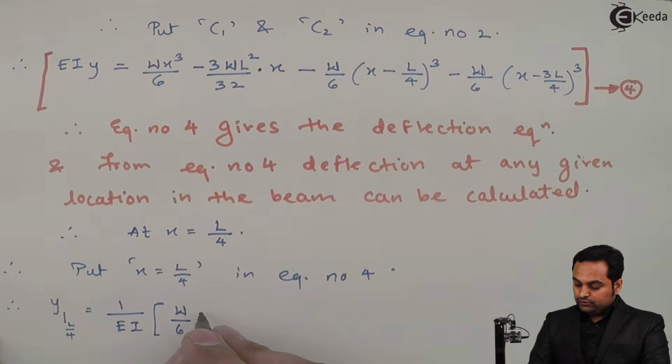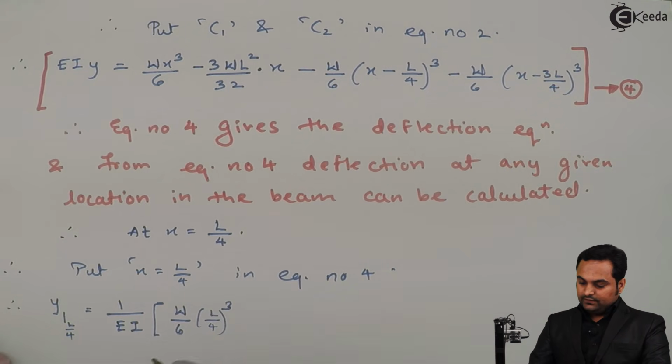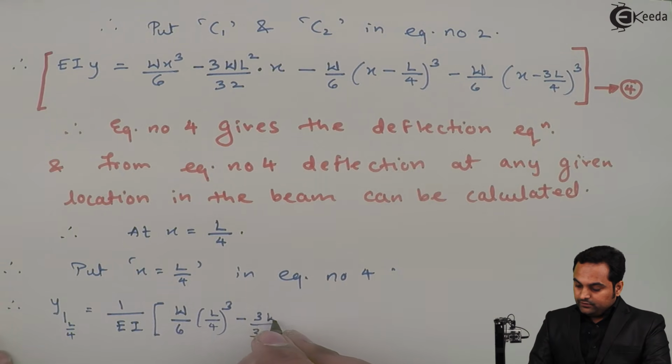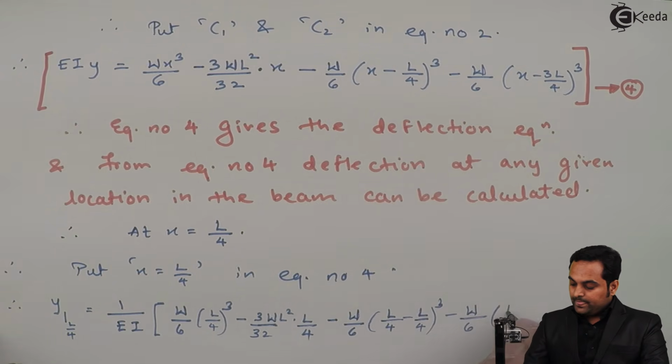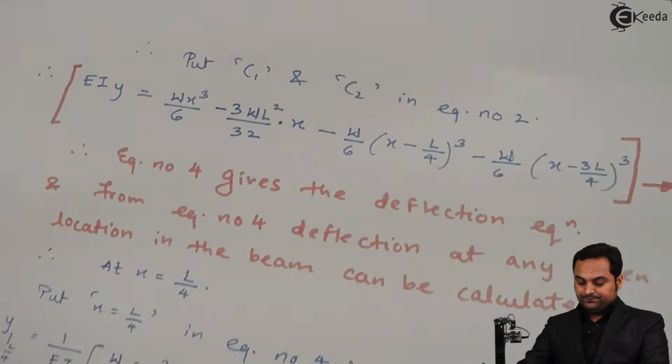X cube, so here we have L/4 cube, minus 3 by 32 WL square into x is L/4, minus W by 6 into L/4 minus L/4, this term will finally get eliminated, minus W by 6 into L/4 minus 3L/4 cube. So I'll have to simplify the terms here.